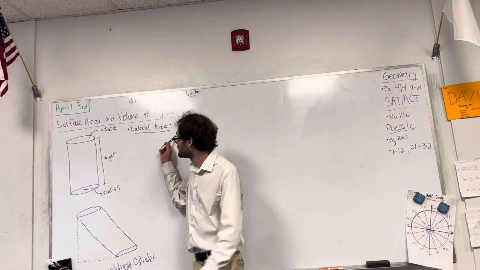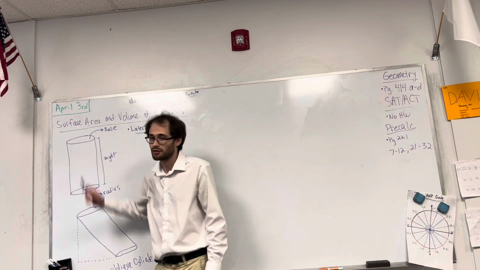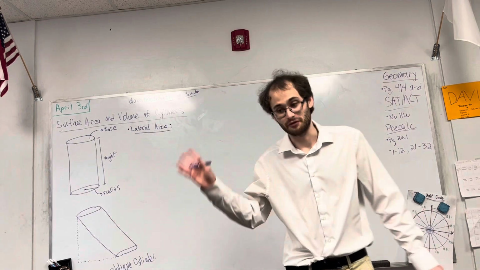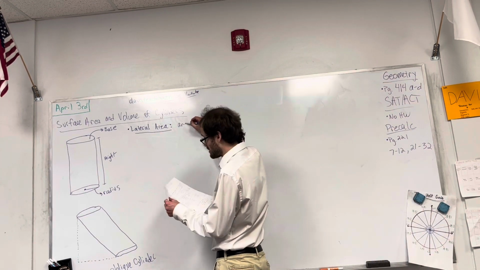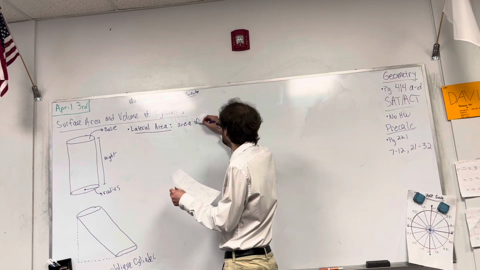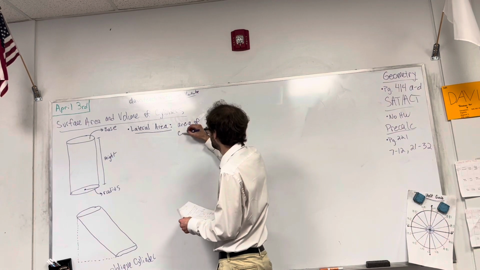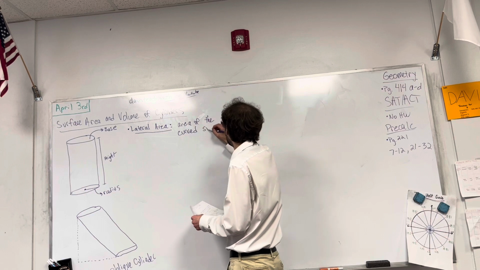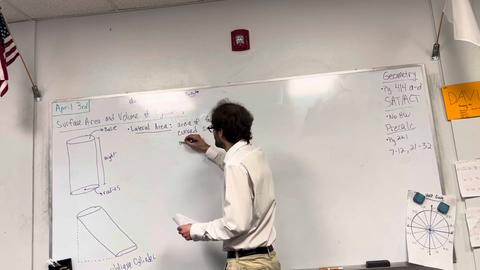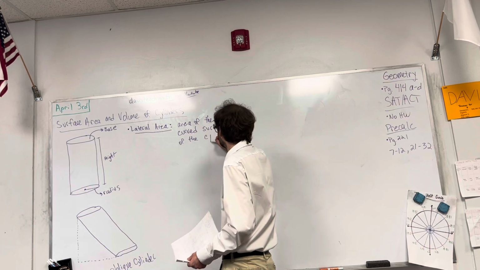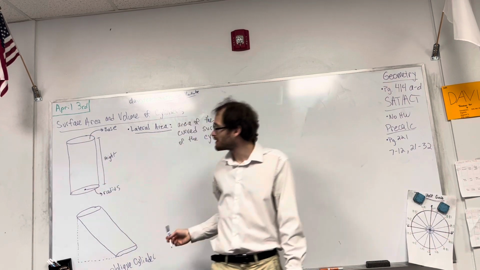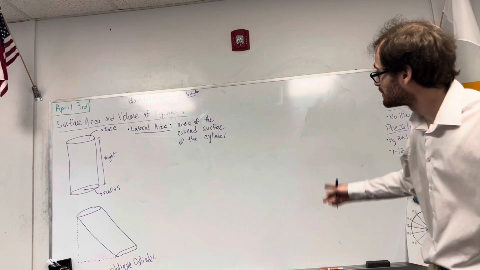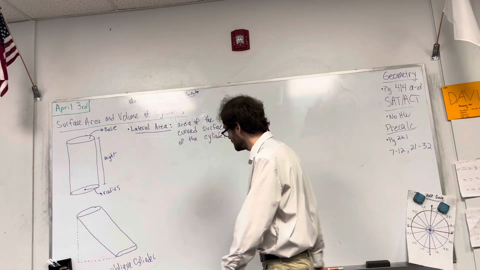Okay, so for this, I'm excluding my circles on the top and bottom. So for this, the lateral area of a cylinder is going to be the area of the curved surface of the cylinder. Yep, so we are excluding the top and the bottom. We are just looking at the curved sides of this thing.